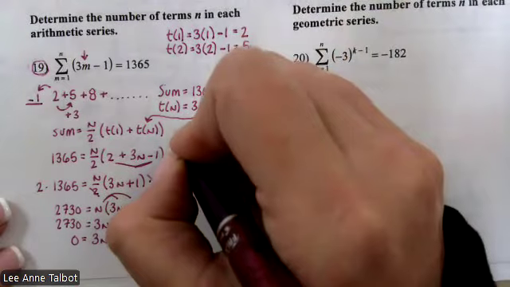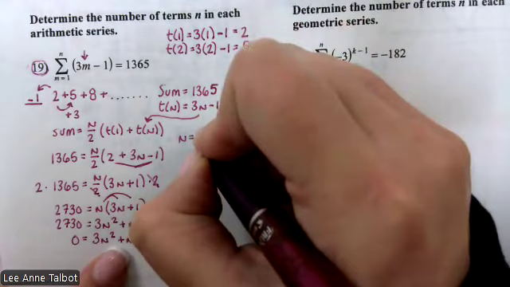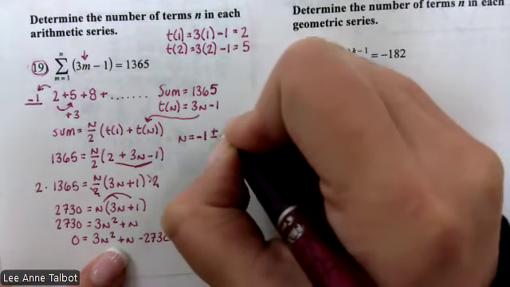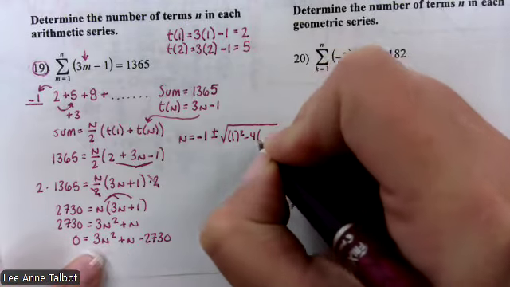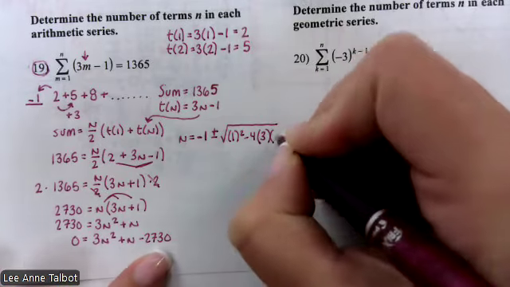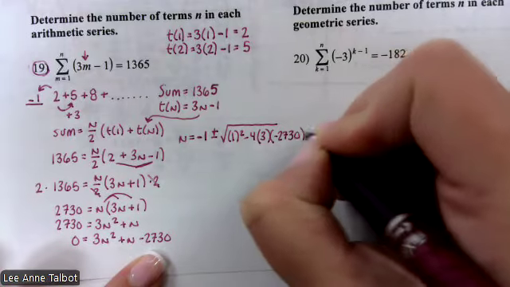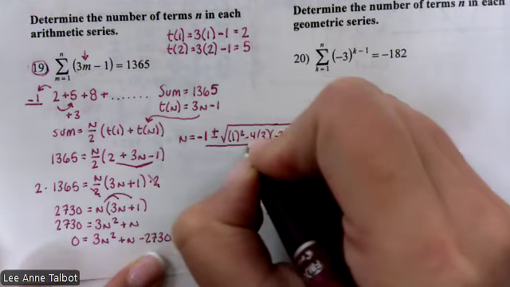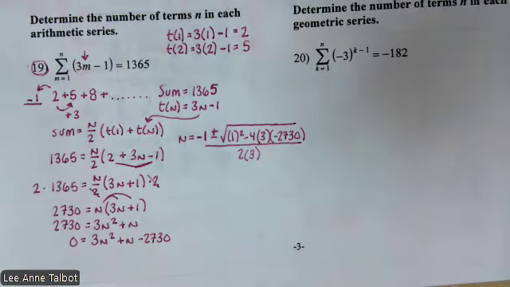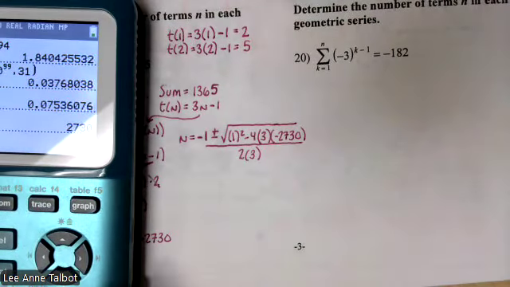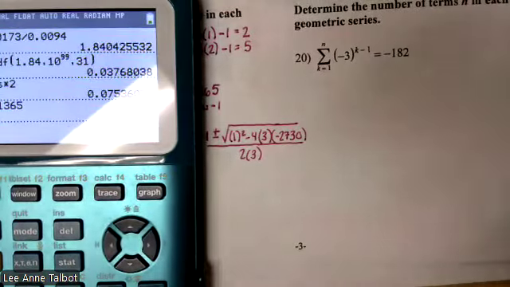Okay. N equals negative b plus or minus the square root of b squared minus 4ac, all over 2a. And this is kind of that moment of truth moment right now.